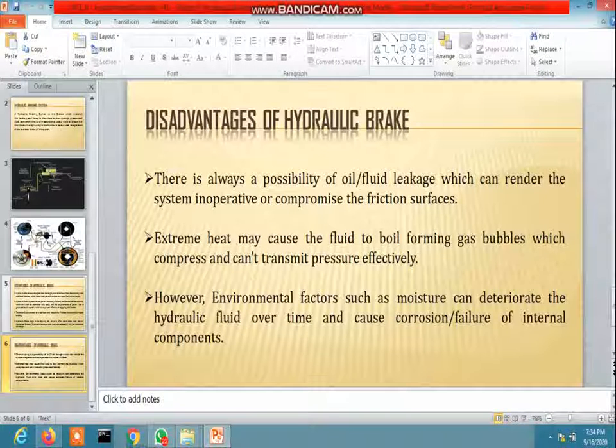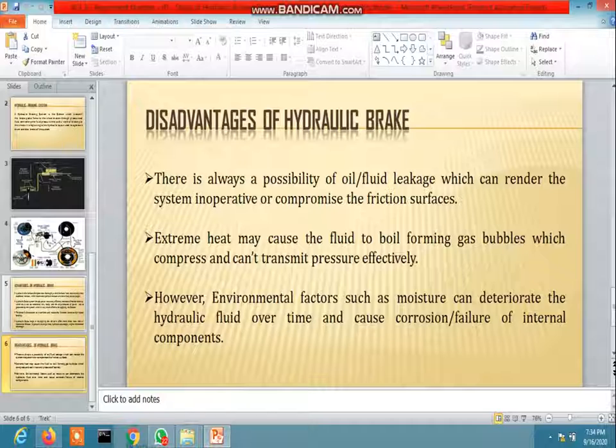Third is environmental factors such as moisture, which can deteriorate the hydraulic fluid over time and cause corrosion and failure of the internal components. That means it is the most essential thing. If the hydraulic cap remains open, what happens?